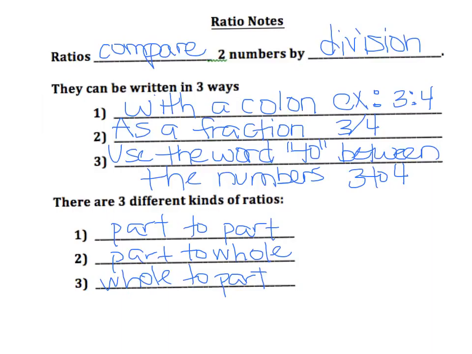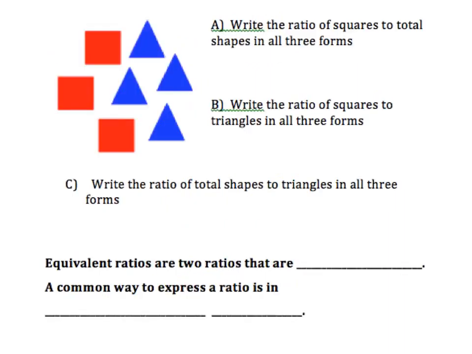Okay. So let's try some examples where we're going to write a ratio in all those different ways that we talked about, and then we'll talk about the different kinds of ratios that we're writing. So in letter A, it says write the ratio of squares to total shapes.